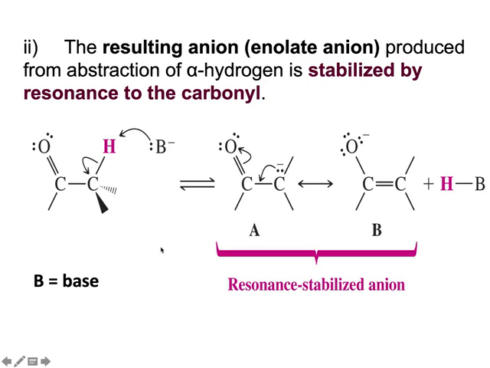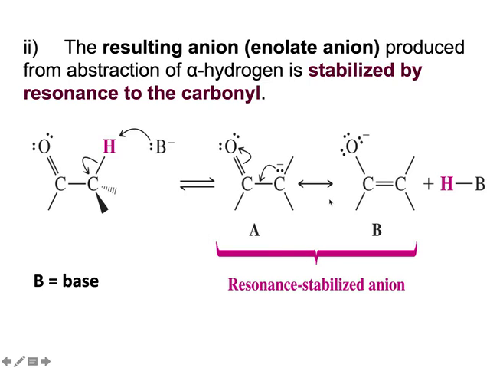The abstraction of the alpha hydrogen is stabilized by resonance to the carbonyl. This is the most important part for the mechanism. You must understand. This one is the base. The negative charge will abstract this proton. Once this proton leaves the carbonyl group, what happens? The electrons move to the C. So C gets a lone pair and becomes negatively charged. It forms the enolate anion.